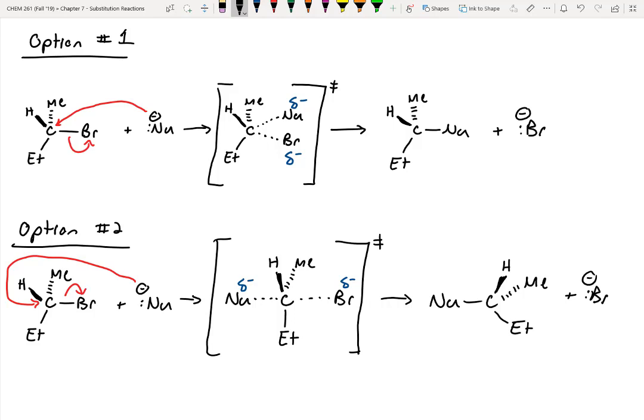So between option 1 and option 2, these both would be a second order reaction, right? Both seem to follow reasonable arrow pushing. My question for you is, which one do you think is more likely and why? Check with your neighbor and see if you can explain it to your neighbor.